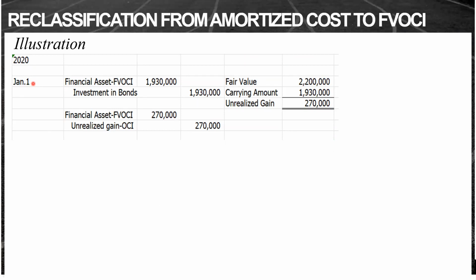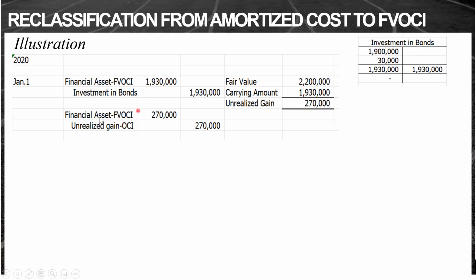So ang gagawin natin, yung balanse natin sa December 31, 2019, reclass natin to financial assets, FVOCI. So you have 1,930,000. So credit natin yung investment in bonds natin.